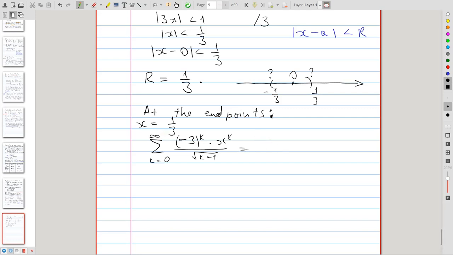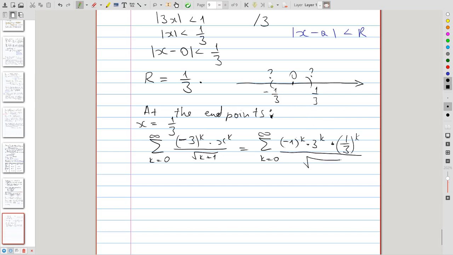so you will have sum k from 0 to infinity of minus 3 to the k, but remember, minus 3 to the k is nothing but minus 1 to the k times 3 to the k, and it will be multiplied with 1/3 to the k. Since x is 1/3, we have 1/3 to the k here.